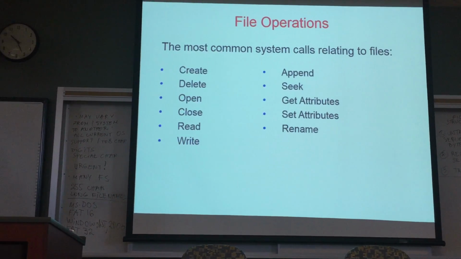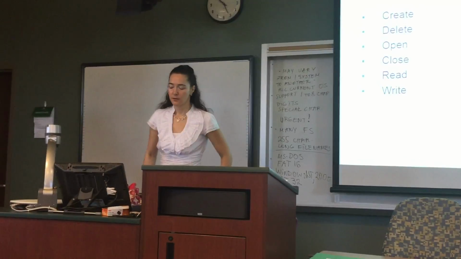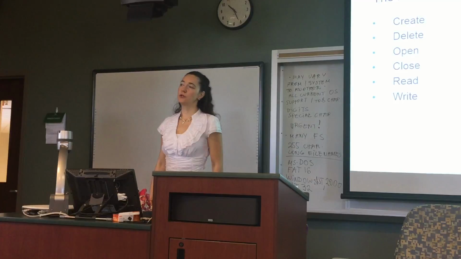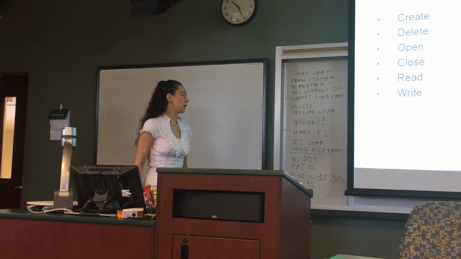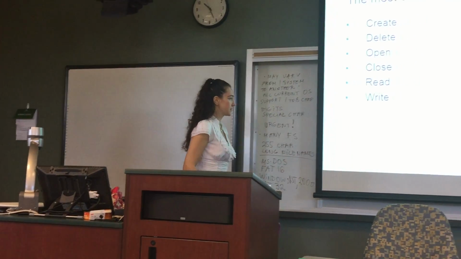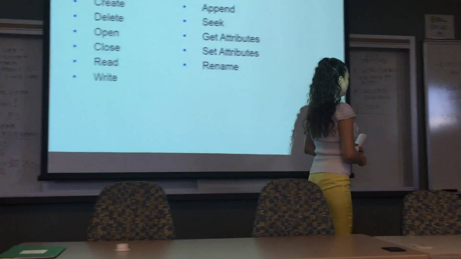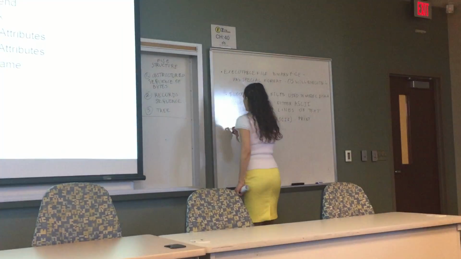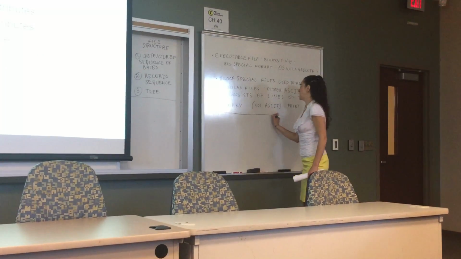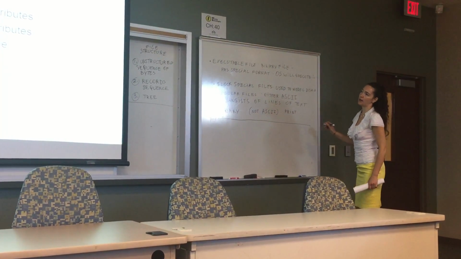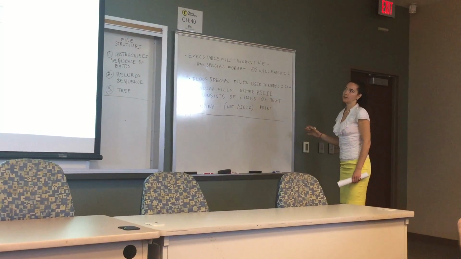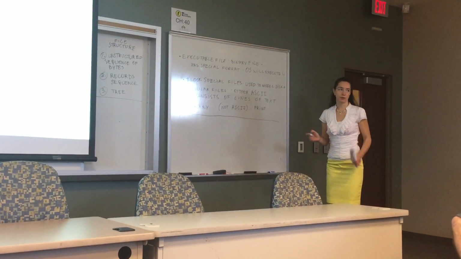We mentioned before that in order to do any manipulations of files, we need to go through the kernel. So in user mode, any user programs are not allowed to directly manipulate files.